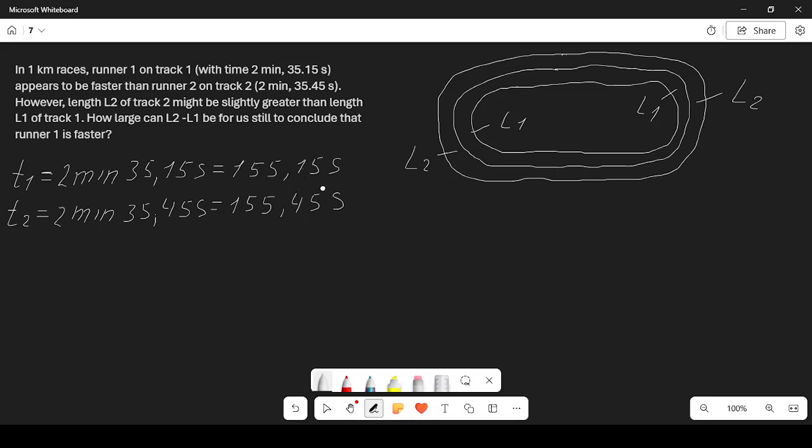So they come to the finish almost together. Runner 1 a little bit ahead, but is he ahead because he's faster, or because runner 2 should run a bigger distance?